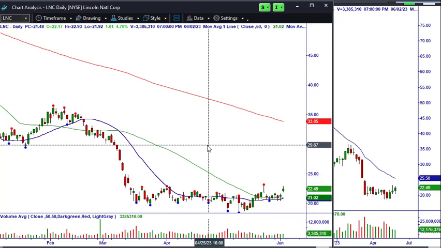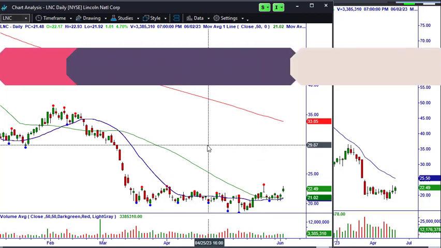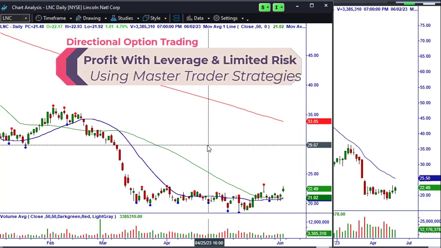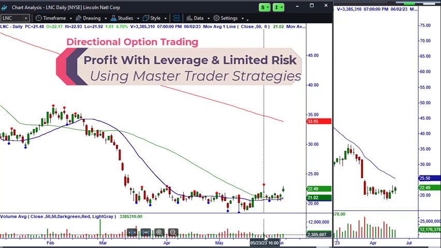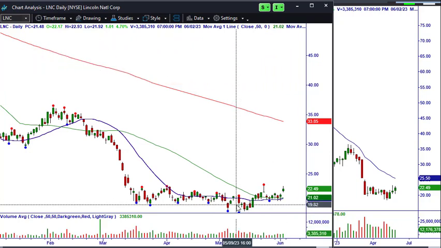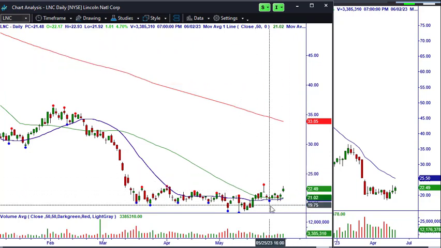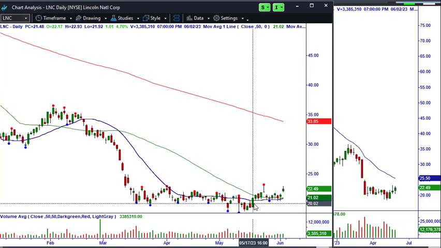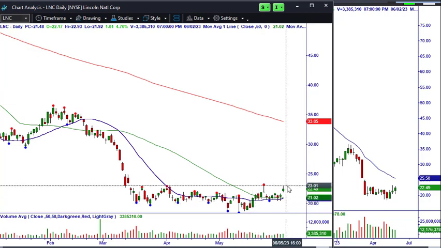And when options are liquid, we use them both to buy options and sell options. Buying options is what we call a directional trade. Selling options, an income trade. So for example, we already gave this to our weekly options trader on Friday on this gap up.